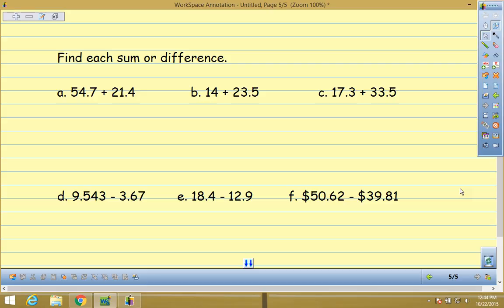Okay, so let's work on this first one. I want you to write these down in your notes so you have these as examples.